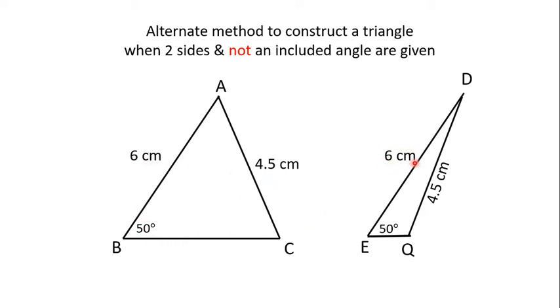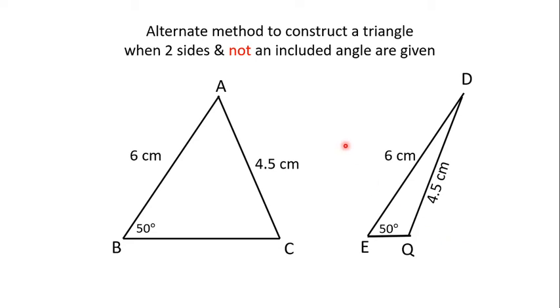Here also 6 centimeter, 4.5 centimeter and 50. So these are the two triangles having the same measurements of two sides and an angle, but this is quite a very small triangle and this is quite a big triangle. So we can construct like this using the properties of isosceles triangles.